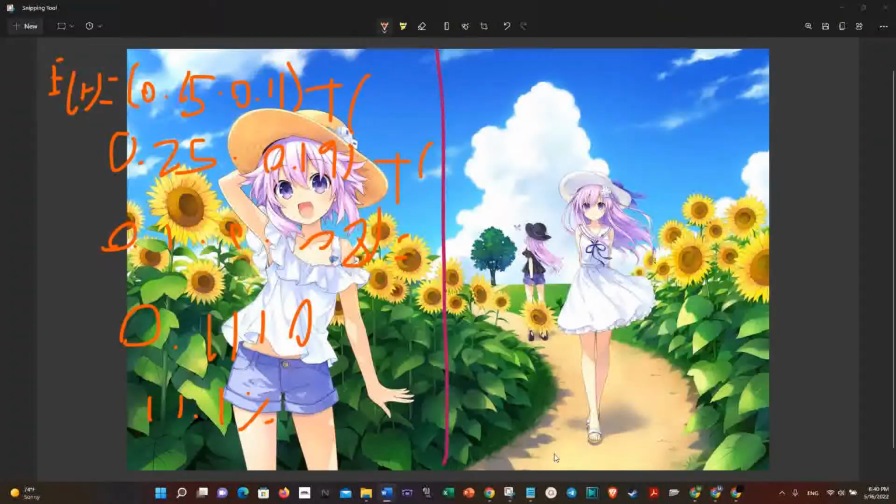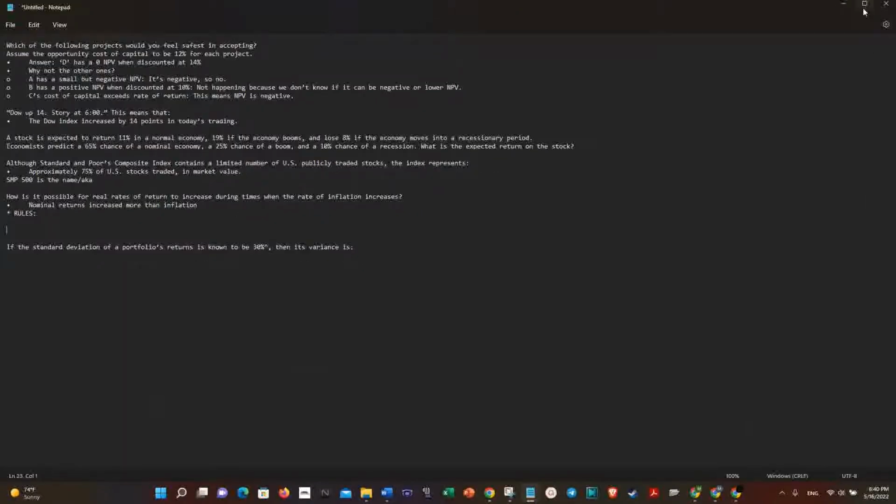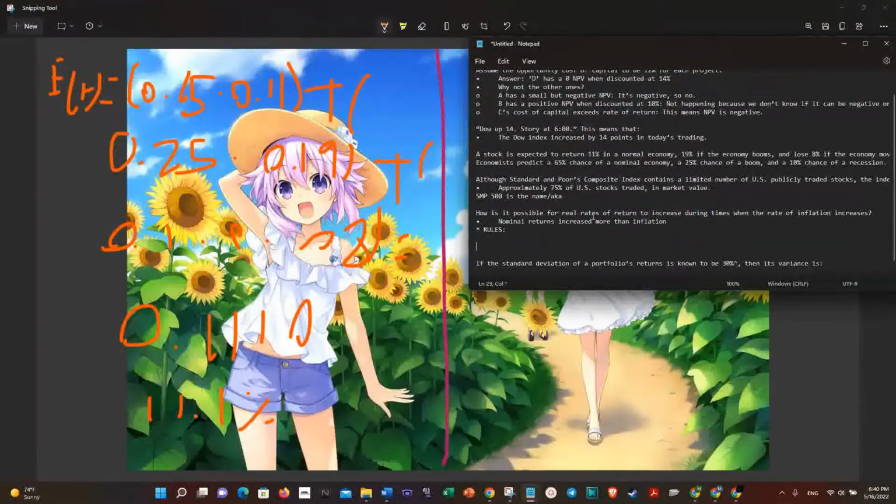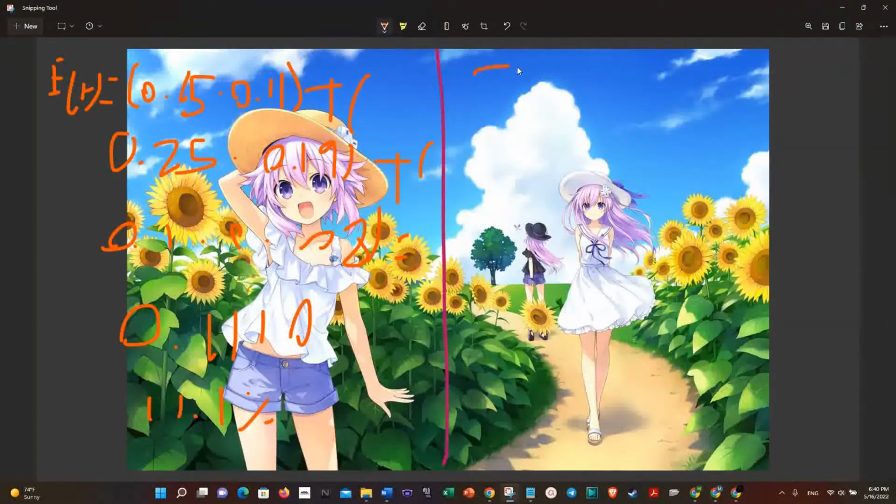For those of you who don't know, to get the variance in a question like this, you just have to square it. So in this case, it'll be 30 squared, which equals 900. And since this 30 is given to us in a percentage, variance is equal to 900%. That one was simple enough, right?